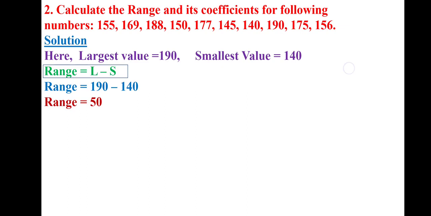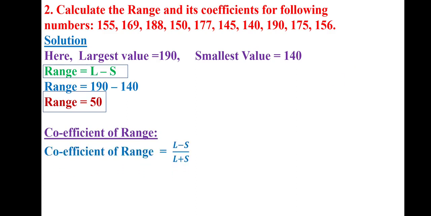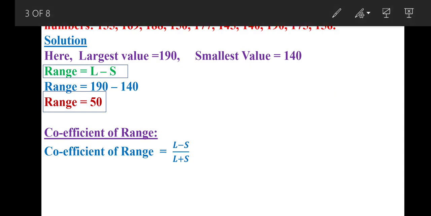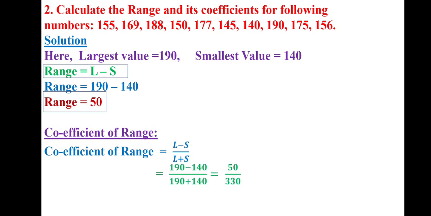Range equals 50. Then the coefficient of range is L minus S divided by L plus S: 190 minus 140 divided by 190 plus 140, so you get 50 divided by 330.